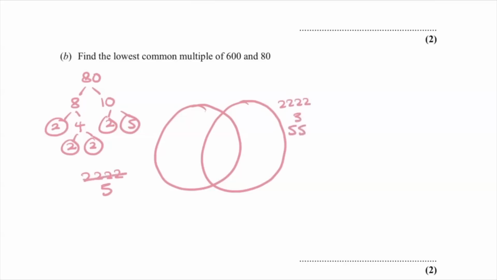So all of the 2s can pair up and go into the middle. One of the 5s can. And then we've got 3 and 5 in this section here. The lowest common multiple is all the numbers across the 3 regions, although we don't have any in that one for this question, but it would be everything in the diagram multiplied together.